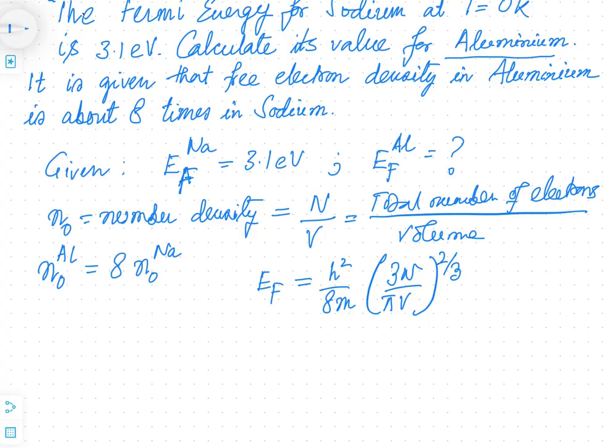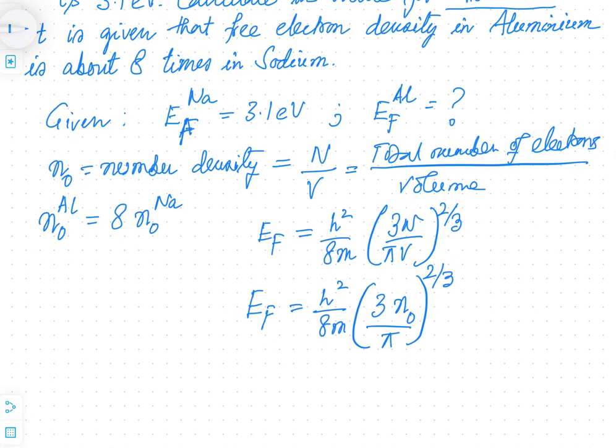According to the problem, I will modify this theory. I will write capital N by V as number density, and the formula modifies into Ef is equal to h square by 8m, 3 n0 by pi to the power of 2/3. So N by V is replaced by N0, number density. So this is the theory which is required for this numerical.